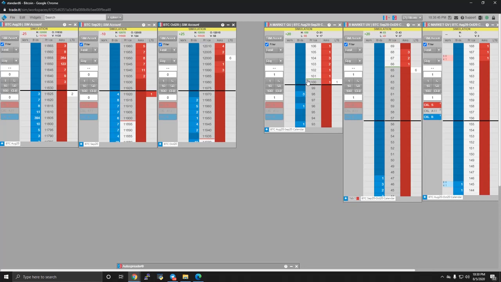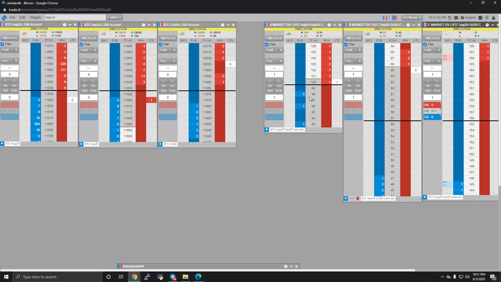What we're trying to understand here is how to match the best offers in the A and the B market to create an offer quote in the C market, and how to match the best bids in the A market and B market to create a bid quote in the C market, which I think we've done here.